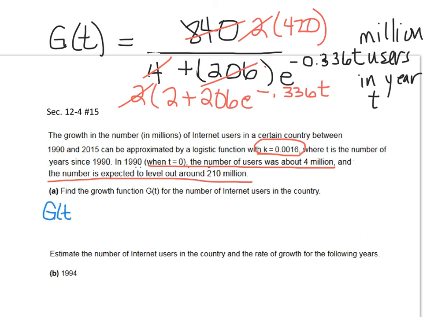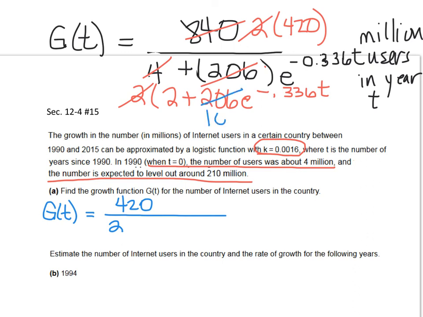G of t is equal to 420 over 2, and I just realized I made an error.